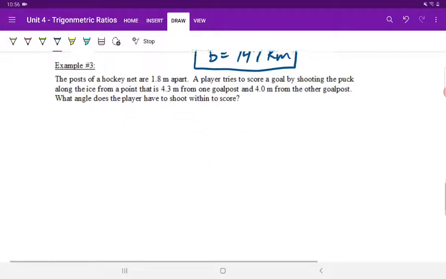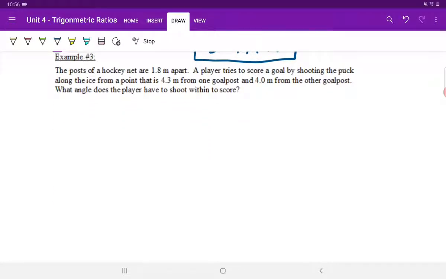Let's look at our next question, where we're going to be solving for an angle. It says the posts of a hockey net are 1.8 meters apart. So here we have a hockey net. From here to here is 1.8 meters. A player tries to score a goal by shooting the puck along the ice from a point that is 4.3 meters from one goal post and 4 meters from the other.